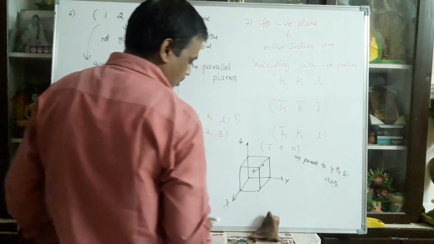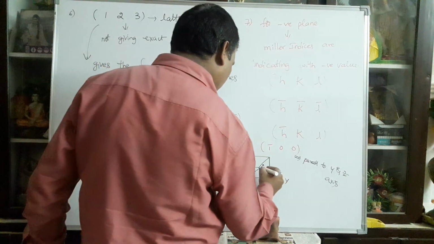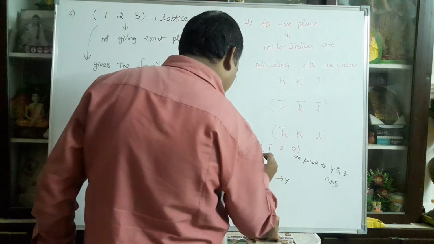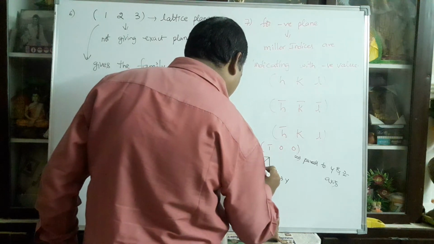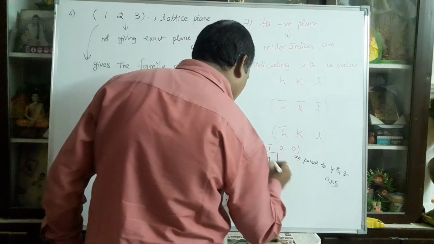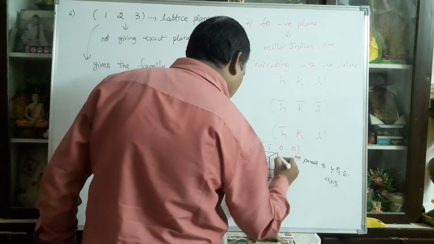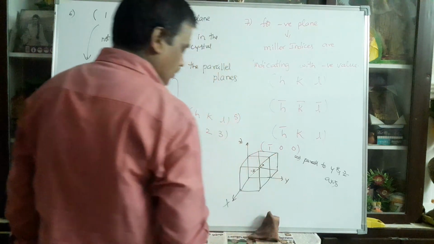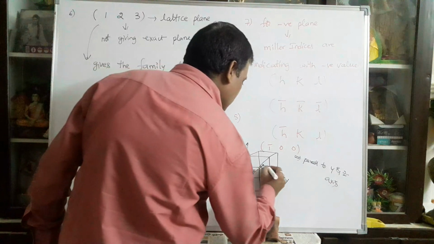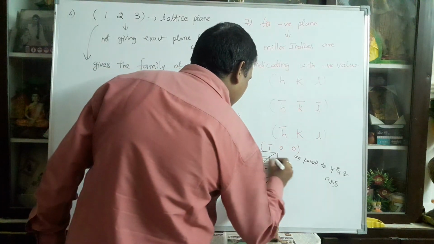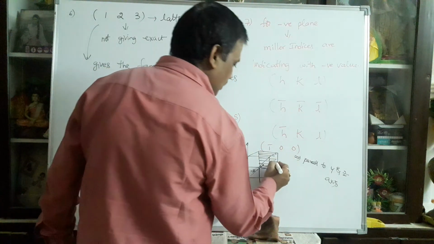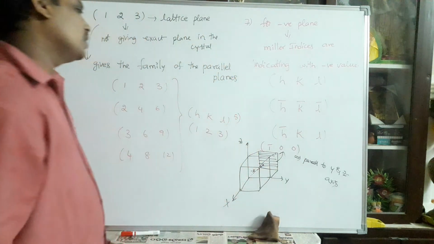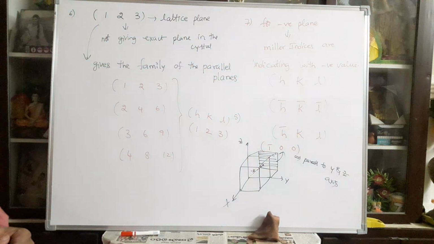You can draw the back side one based on this, like this. This face is 1 bar 0 0, which is parallel to both the Y and Z axes.